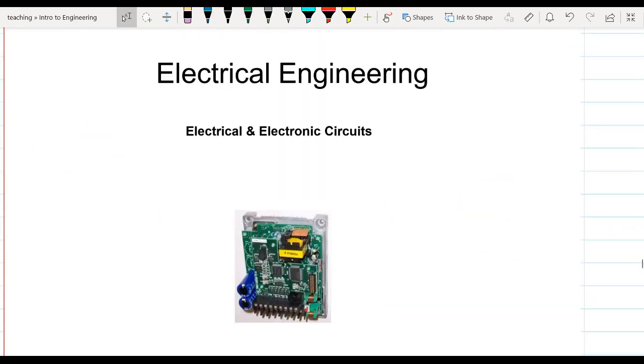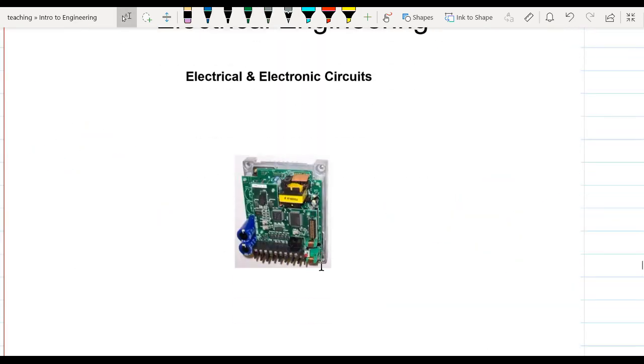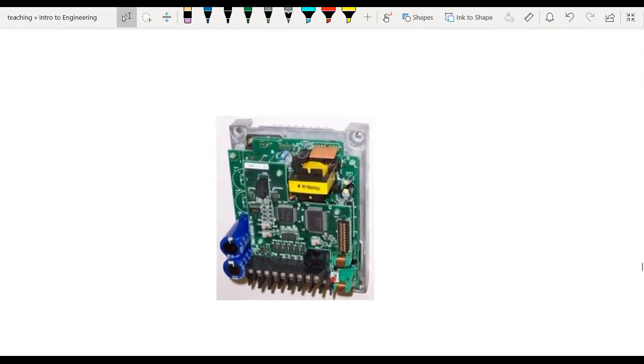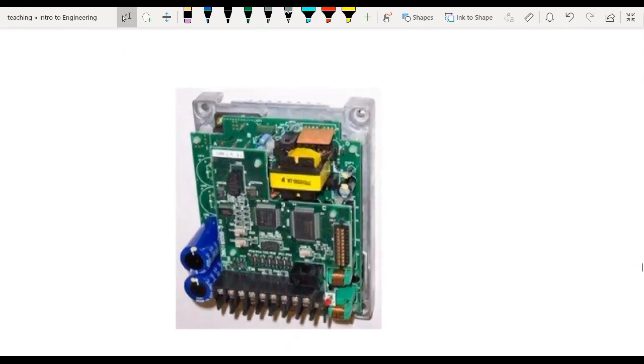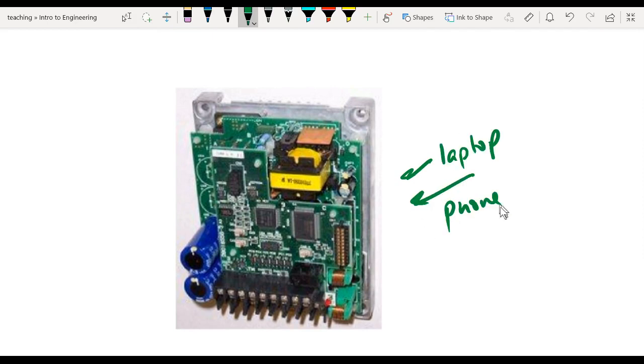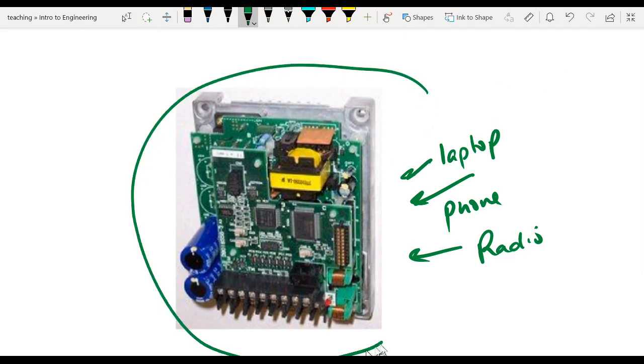And then we talked about electronics, where we normally design circuit boards. I guess you might have opened your laptop or your phone, and inside there are such boards, in a radio, among many others. These are the electronics that constitute most electronic gadgets, and this is called a motherboard.